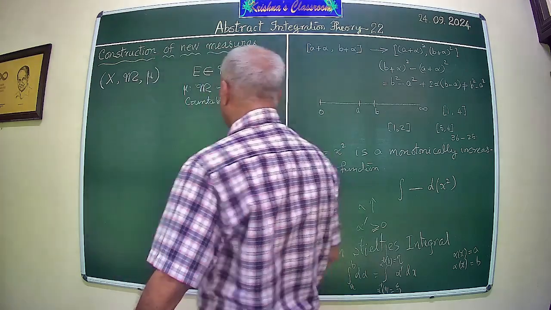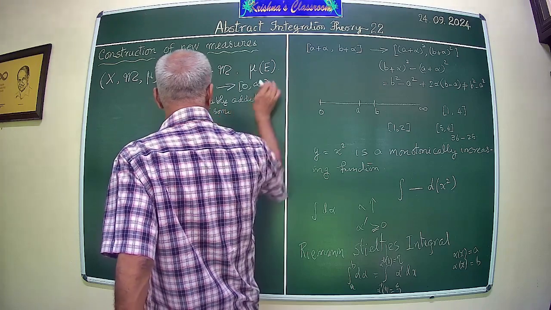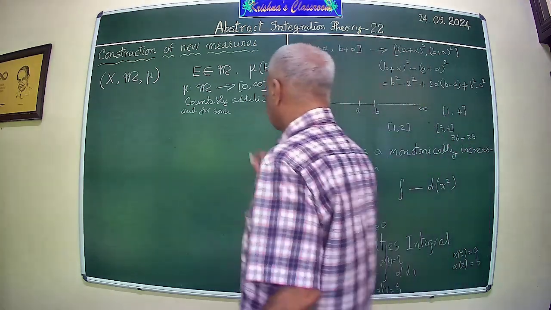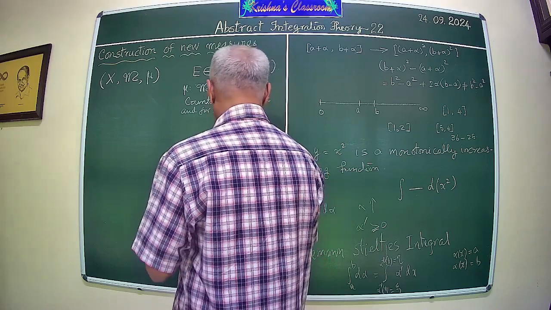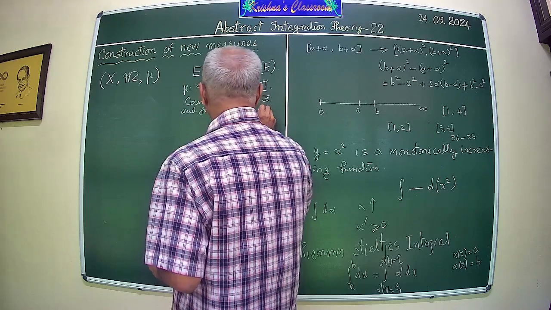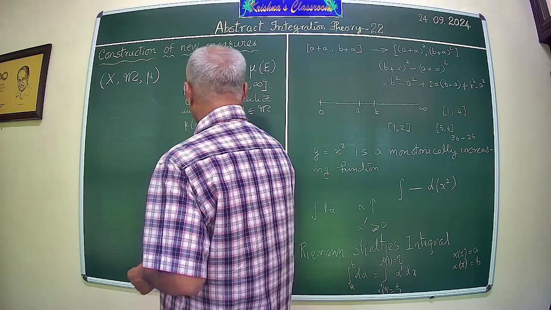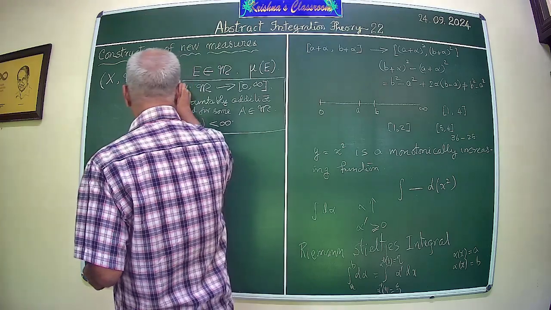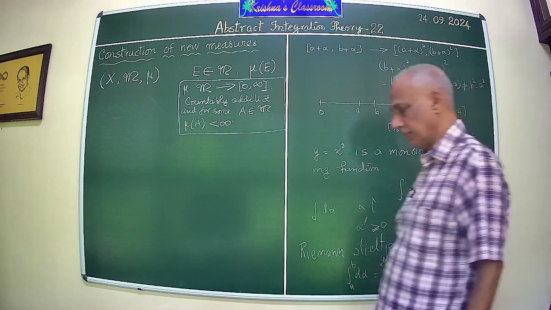It's an extended real valued, non-negative function, and for some A belonging to M, mu of A is finite. Now this is what we considered as a measure on the sigma algebra that you have defined.